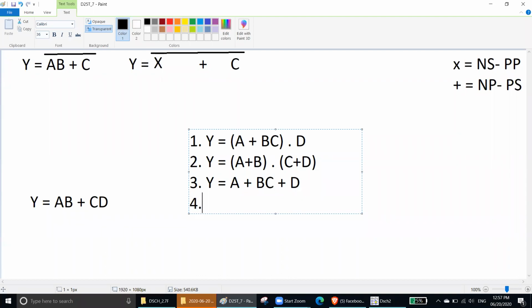4 will be Y equal to A plus BC dot D plus E. This one is huge. This one is big. I know that.